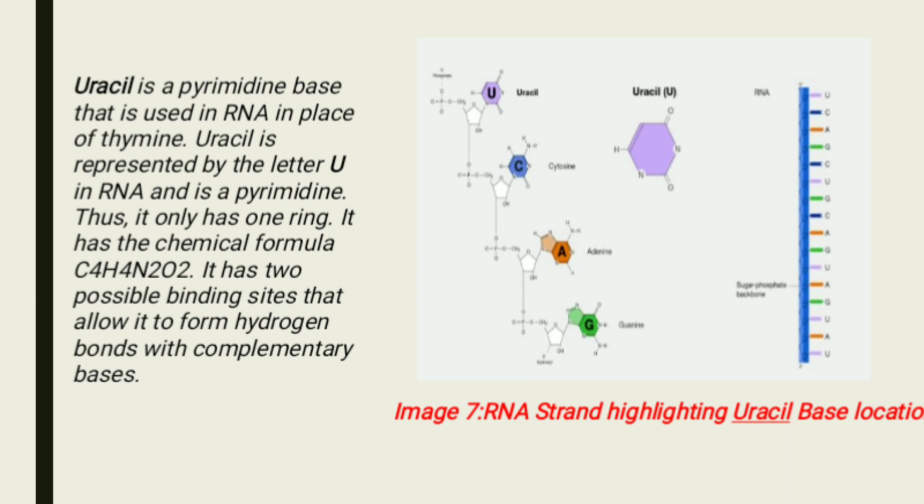It has 2 binding sites that allow it to form hydrogen bonds with its complementary bases. As you can see in the figure, the RNA strand shows the complementary base pairing, and on the left hand side there is a structure of uracil, where you can see the single ring structure containing different types of functional groups.